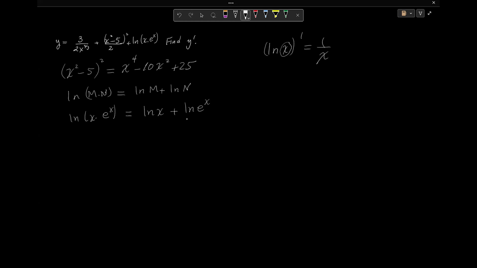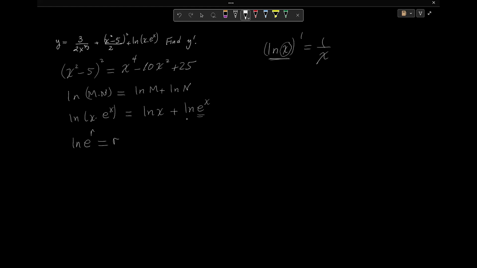Again, we look at this and we say, okay, my formula says you can only take the natural log of x and take the derivative of that. This is not the natural log of x, that's the natural log of e to the x. But we need to remember that the natural log and e are inverse of each other, so the natural log of e to the r is r, for any r.